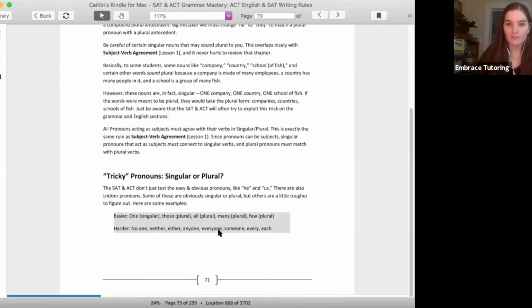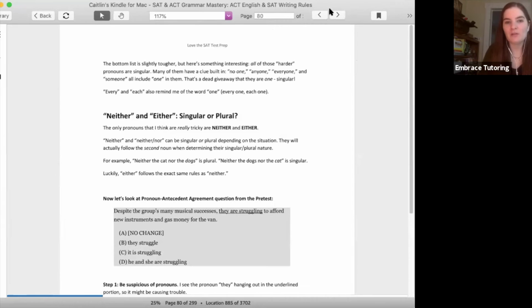Every, making those kinds of distinctions, you have to really think about whether you're dealing with a collective group that's being treated as one group, or whether you're dealing with several groups. Okay, that would be the difference between the singular and the plural.